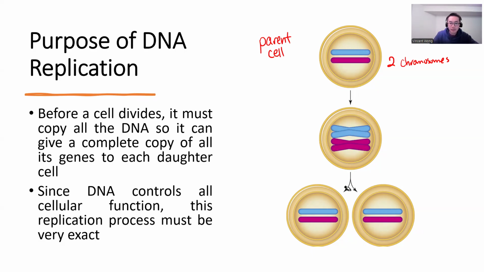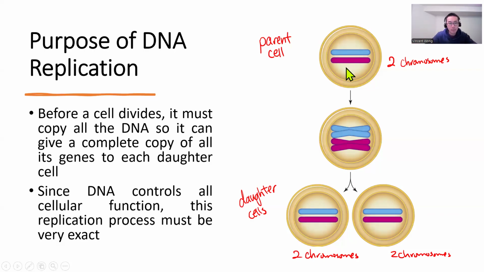And when the cell divides, these are called daughter cells. Each daughter cell is also going to have two chromosomes. So much of Meselson and Stahl's experiment has to do with figuring out how the DNA is being copied to create extra copies to be passed on to the next generation.